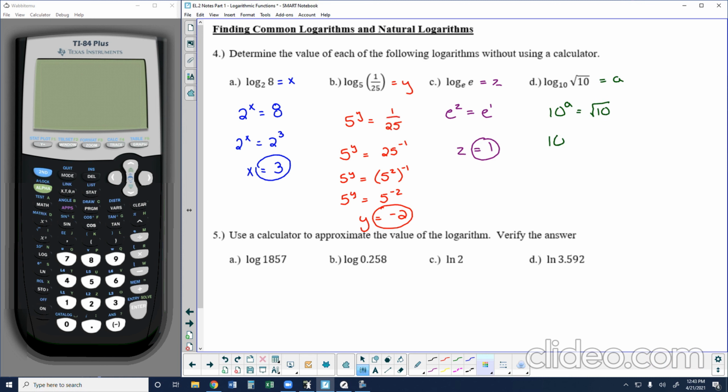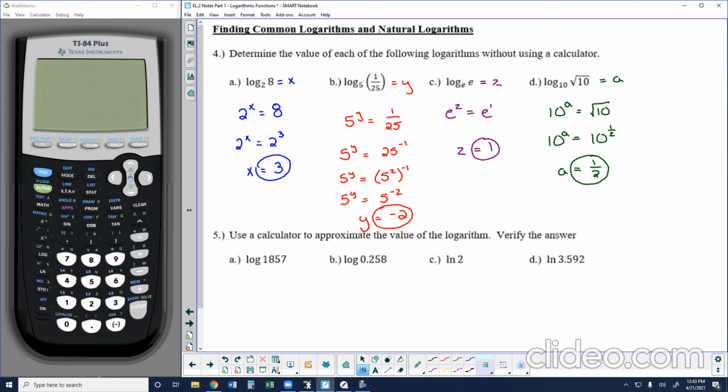So now to solve this, what I can do is change the square root of 10 into an exponent. So we should know that the square root is the same as the rational exponent 1/2, and therefore a would have to equal 1/2. So log base 10 of the square root of 10 is 1/2.